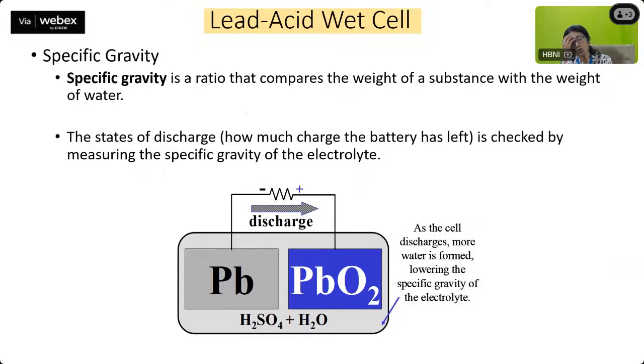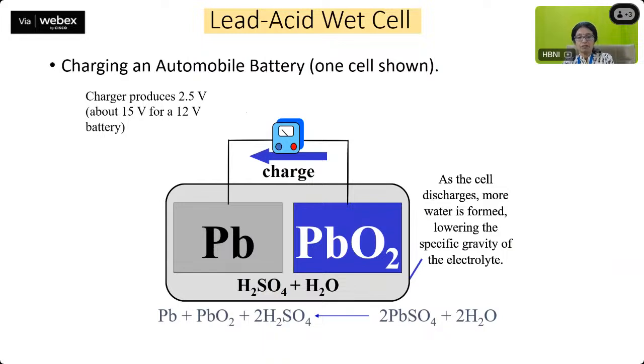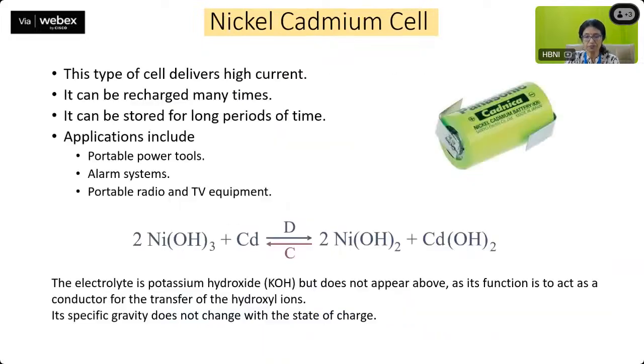Whenever you want to know how much charge is left, you check the specific gravity of the electrolyte, because water is generated when you discharge this cell and the specific gravity changes. In this figure, you can see that as the cell discharges, more water is formed, lowering the specific gravity of the electrolyte. When you are charging it, this water is used up again and you form lead peroxide and sulfuric acid.